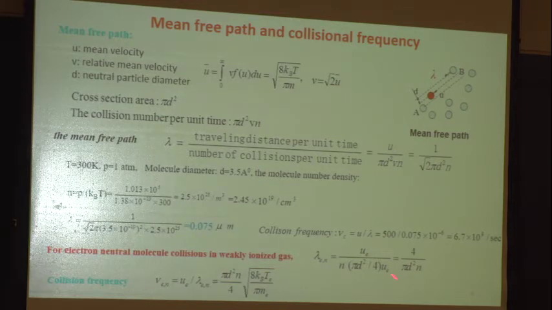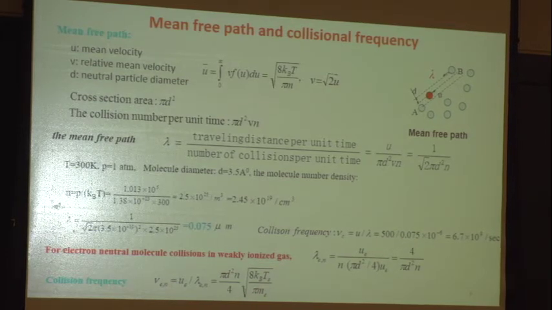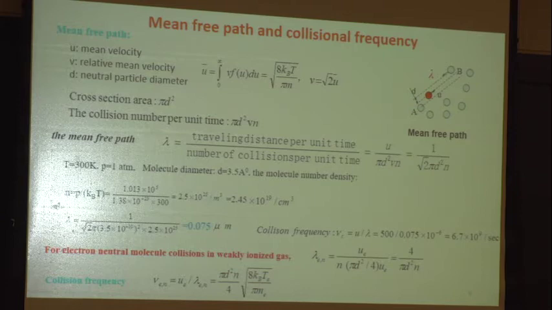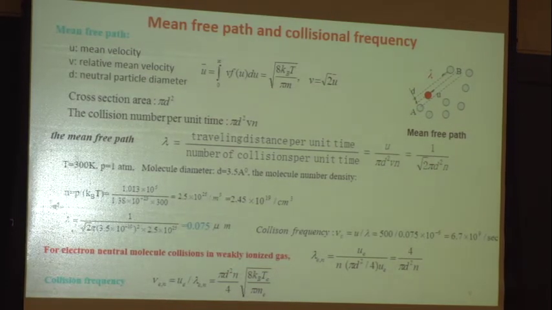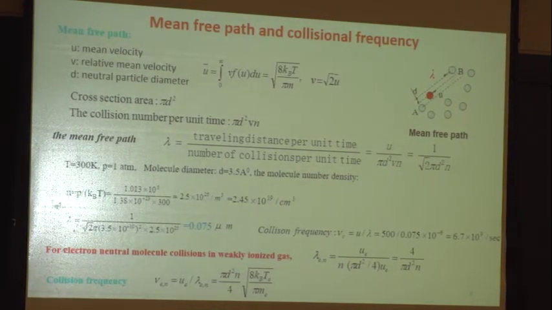So the mean free path for electrons is higher than the mean free path for the neutral gas. The collisional frequency can be calculated the same way as for the neutral gas. This gives you an estimate of the mean free path, and how it plays a role in plasma.